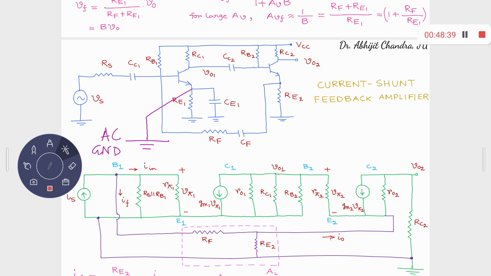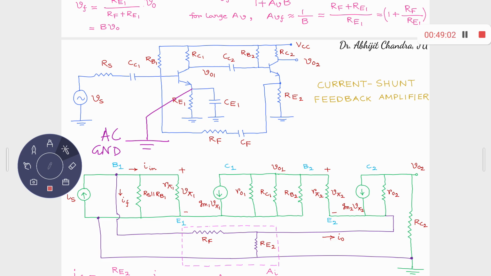Right. So current shunt and voltage series, these two types of feedback topology using a single stage common emitter amplifier. But last day I have told you that apart from this common emitter amplifier, you have other two types of amplifier. One is common base, another one is common collector.